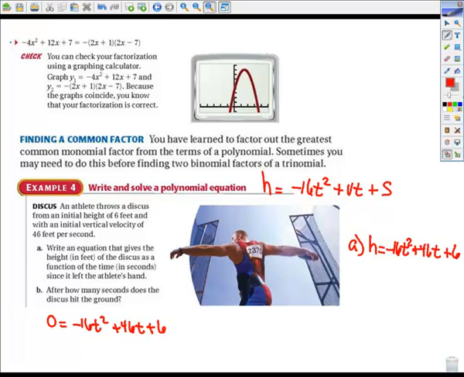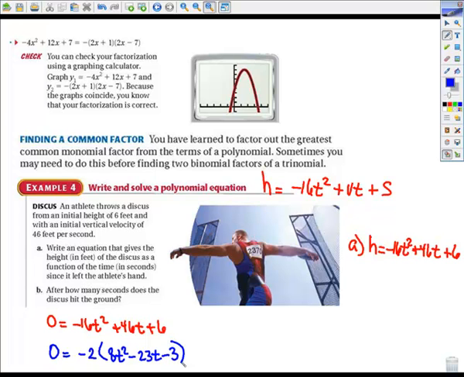It's going to make this easier if I first factor out a common factor. Well, the only common factor here is a negative 2. So I'm going to factor out negative 2. And remember, I said before, if you have a negative leading coefficient, factor it out. So this is going to give me an 8t squared minus 23t minus 3.